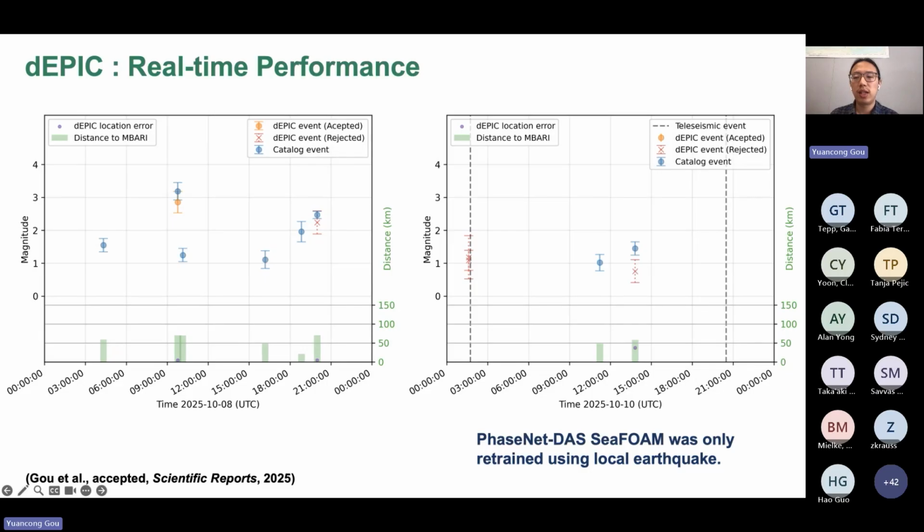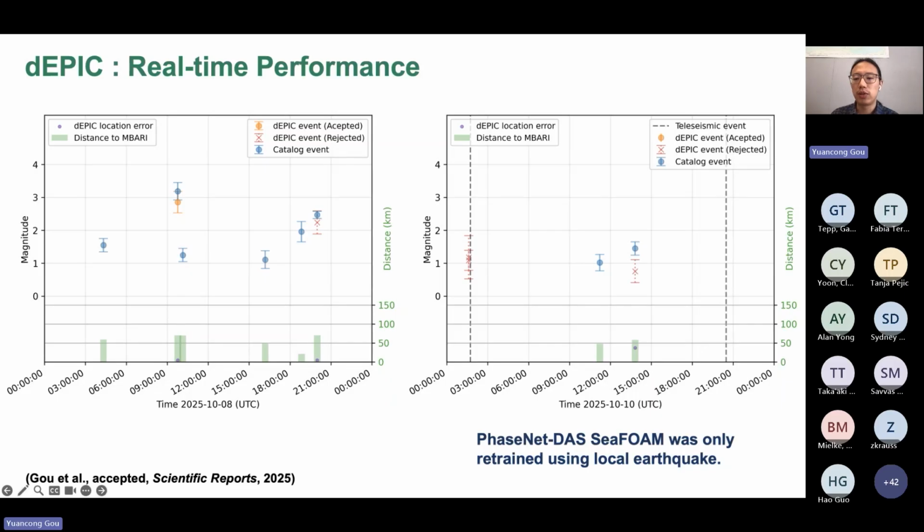In the DAS system, we don't have a mechanism to prevent triggering from teleseismic waves, but in EPIC, we have teleseismic filters and other mechanisms to do it. It's interesting to see that even if we don't have a special mechanism, we didn't trigger on that.